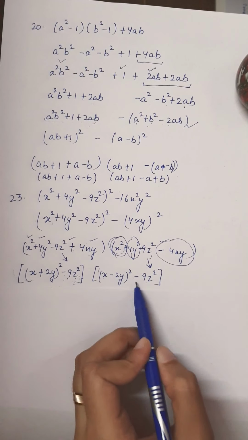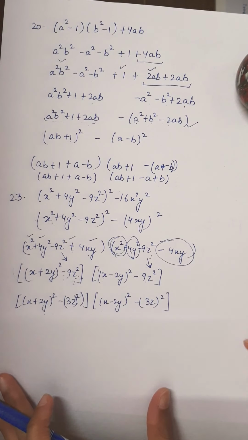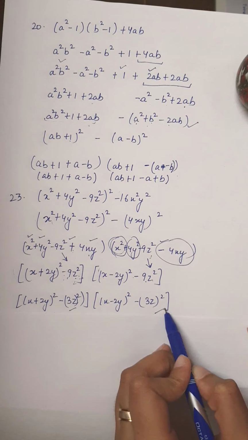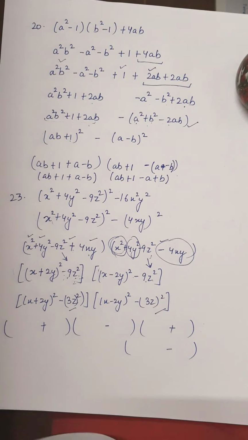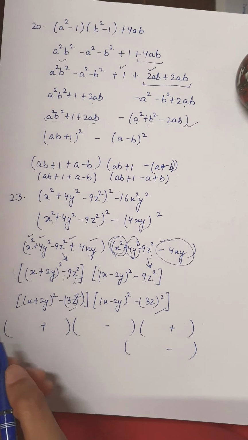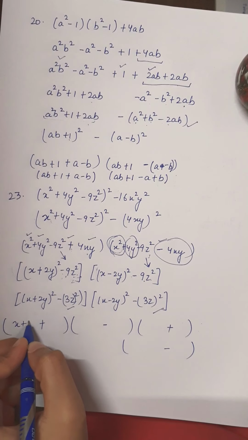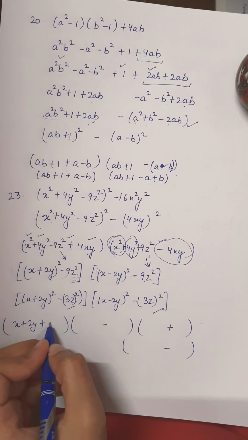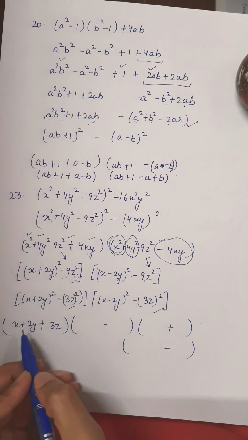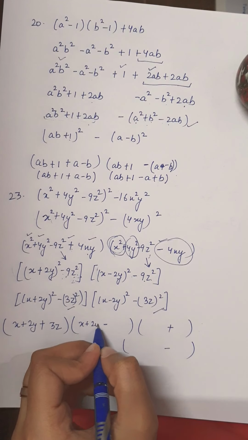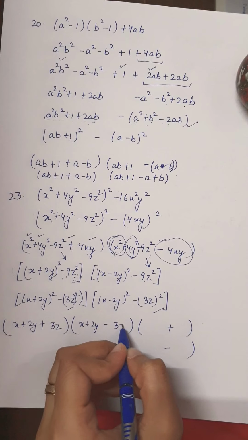Same way, square of something minus square of something. So now format here also followed and here also. So ultimately 4 brackets are there. In the first one, x plus 2y plus 3z, that means this bracket plus this, and x plus 2y minus 3z.